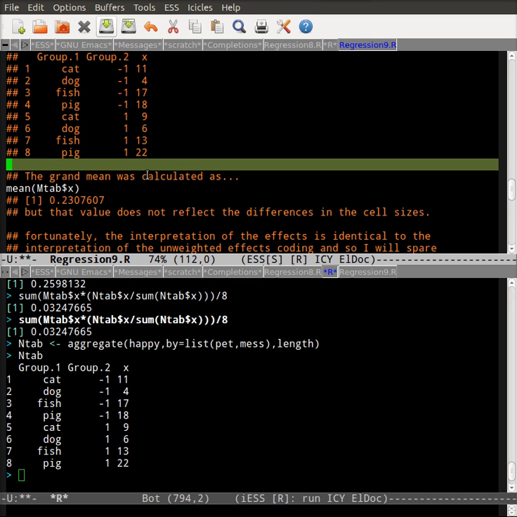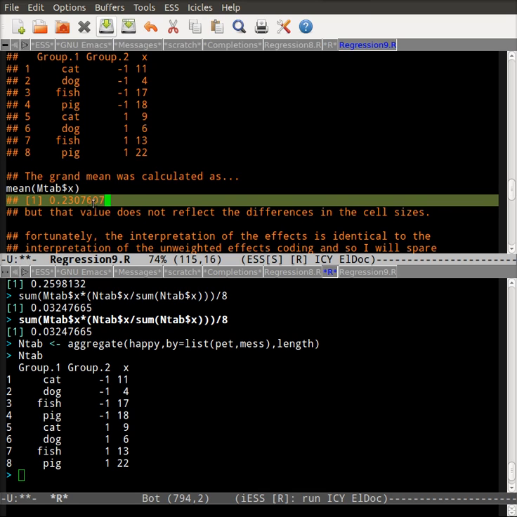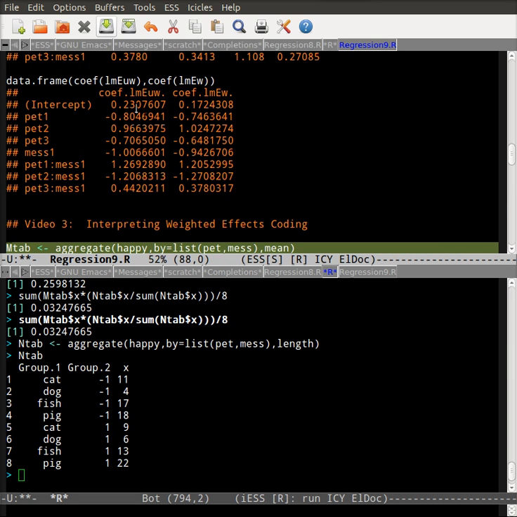So remember that when we're looking at the B's that we calculated from our linear model, the first thing that we did was we calculated the intercept. And the intercept here, when we calculate it using the standard method, we get 0.23. Now I'm going to go back up to this, and you can see that for the unweighted effects, we get 0.23.